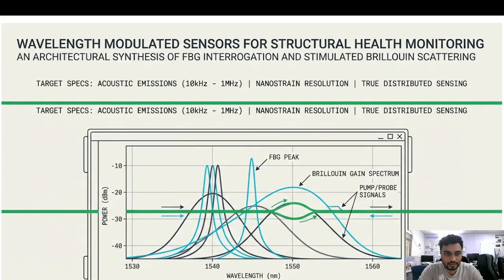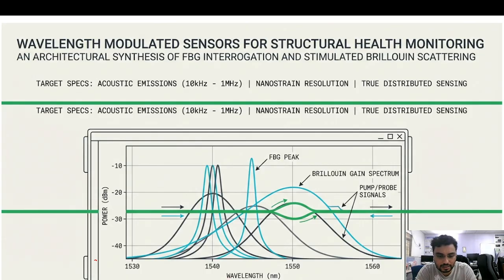Structural health monitoring using the wavelength modulated sensor contains an architectural synthesis of FBG interrogation and stimulated Brillouin scattering. You can see there are so many things mentioned in the graphical representation.